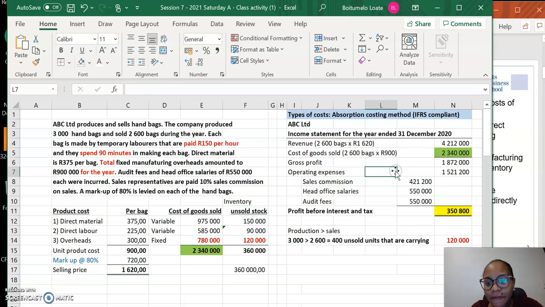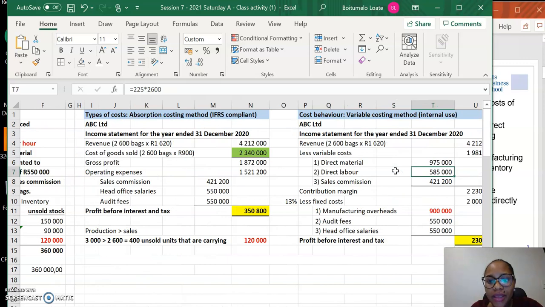How does this differ from your variable costing? In variable costing, you don't look at what units were sold. If you've spent 900,000 during that year on fixed manufacturing overheads, the full 900,000 needs to come through, and you have the full 900,000 allocated here, together with the audit fees and the head office salaries.